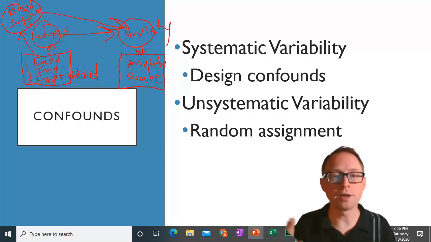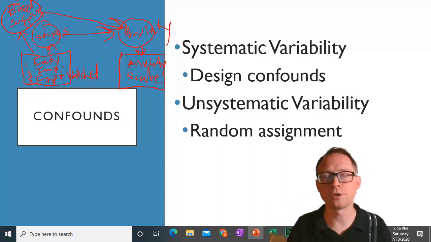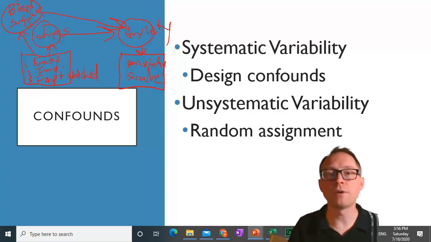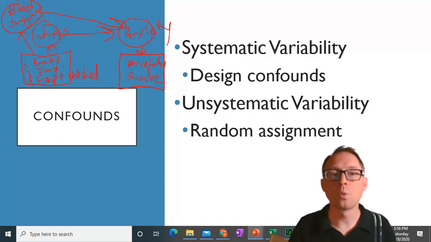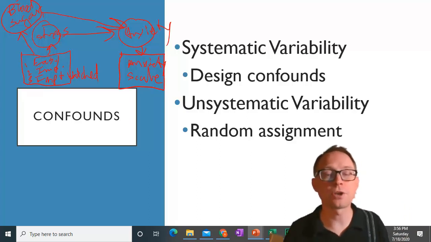Only stress should vary. In this entire experiment, you only want stress to vary, but you accidentally cause blood sugar to vary. A design confound is an example of systematic variability. You manipulated blood sugar when you intended to manipulate stress. And because of that, now the conclusion can be explained by blood sugar as easily as it could be explained by stress. There's a confound.